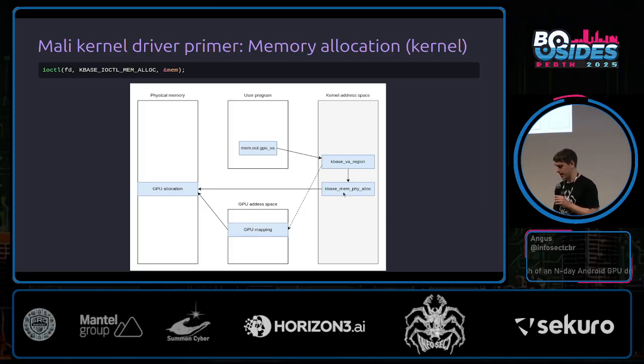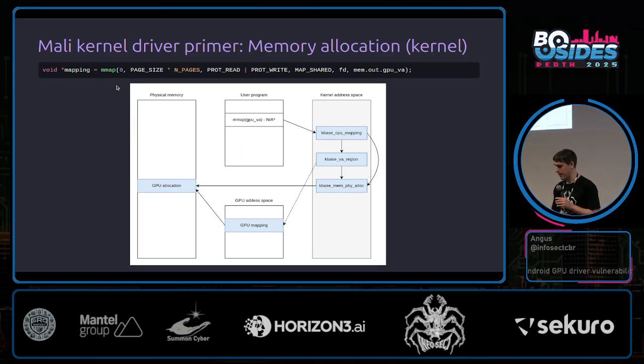The other thing that's going to happen is it's going to create a kbase mem_phys_alloc struct to keep track of that underlying physical memory that's backing the allocation. And then finally, our user program is going to get that GPU VA handle that I just mentioned, which is going to point to that VA region struct. So the user has a handle to this underlying memory allocation via these structs in the kernel.